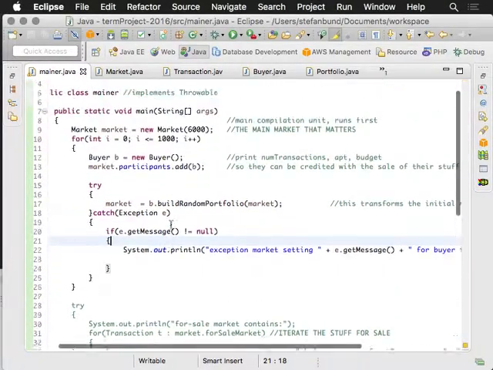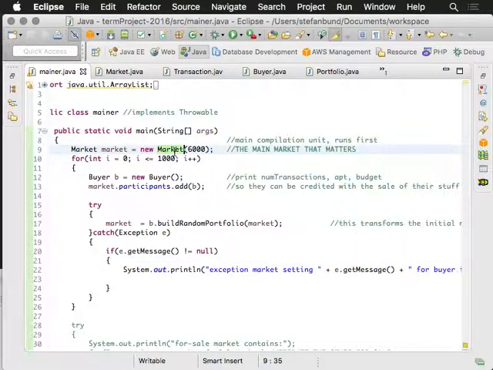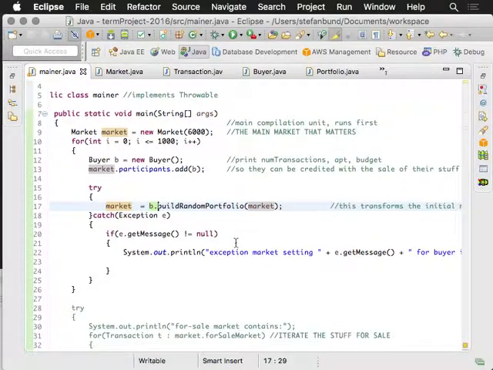Now, what I've done right now is we've created the market, we've created the buyers, and we've sent the market, or a copy of the market, to each of the buyers so they can build their portfolio.